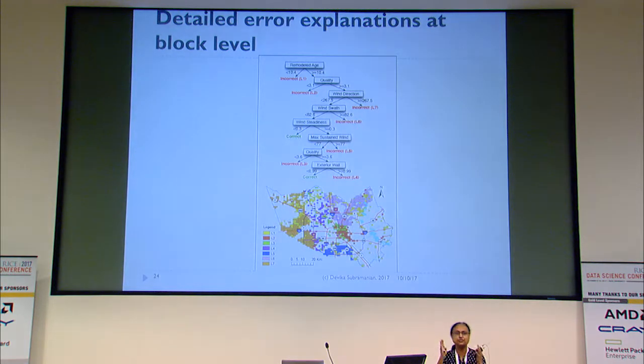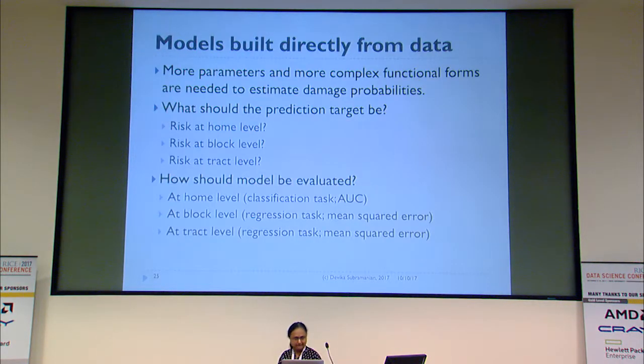So this gives us direct ways of fixing the engineering model. But that's not what we wanted to do. We said, why not build it directly from data? We now know we need more parameters and more complicated functional forms to estimate the damage probabilities.